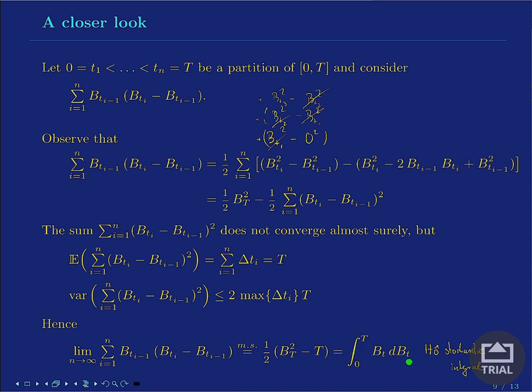So this integral is not pathwise defined, but it is defined in a mean square sense as a limiting random variable. That makes it, of course, very different from ordinary integration theory to work with the stochastic integral.